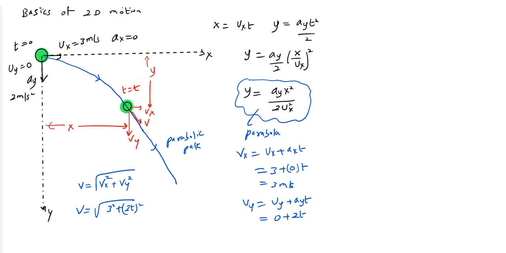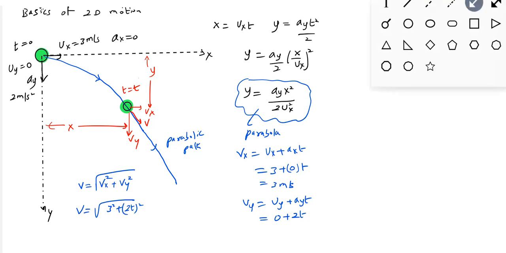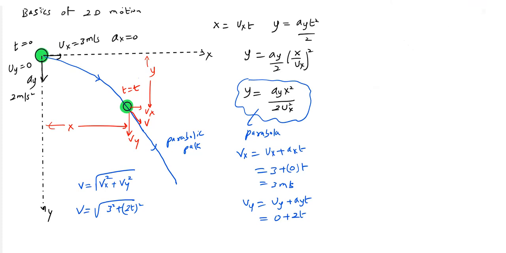Then the position vector is what I'll represent. This will be called the position vector. So how to get the position vector? We can obtain r bar equal to x i cap plus y j cap. What is x? x is equal to ux into t.